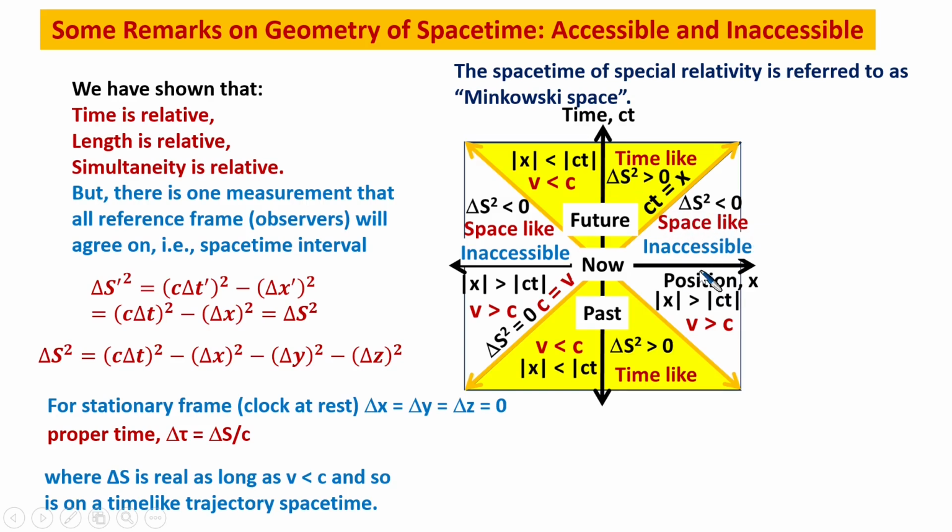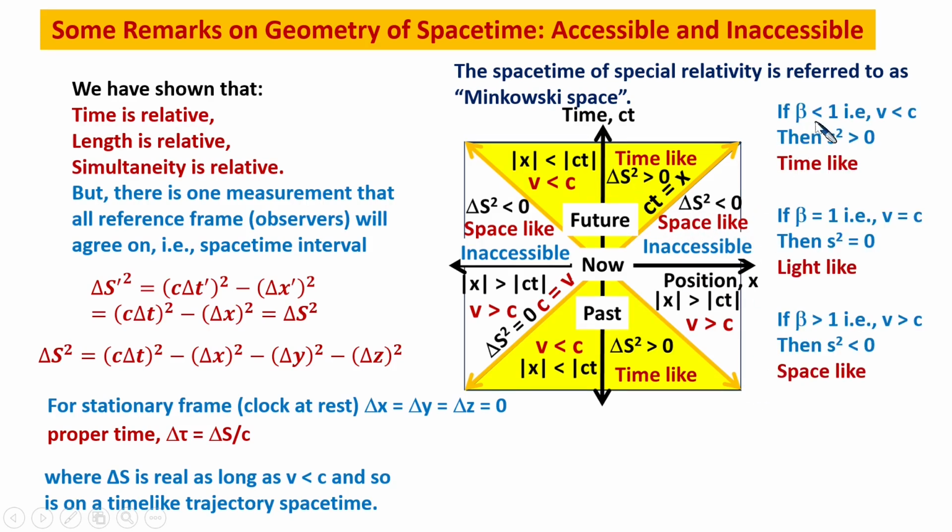This is called the time-like region because it is closer to the time axis, and this is called the space-like region. So one can say that if β is less than 1, that is v by c is less than 1, that is v is less than c, then s square is greater than 0. If v by c is 1, that is v equal to c, then the space-time interval s is 0. It is called light-like.